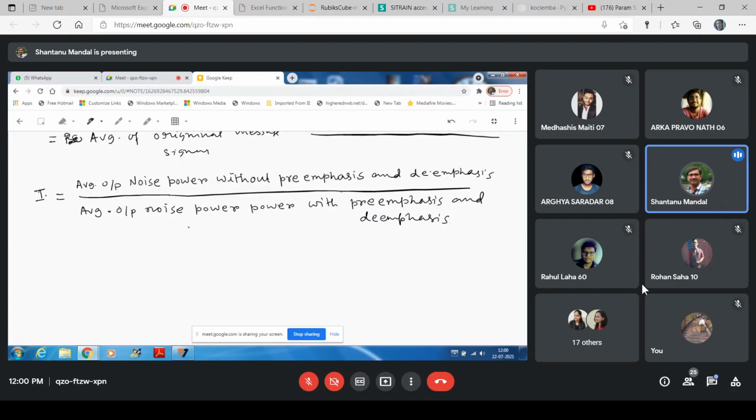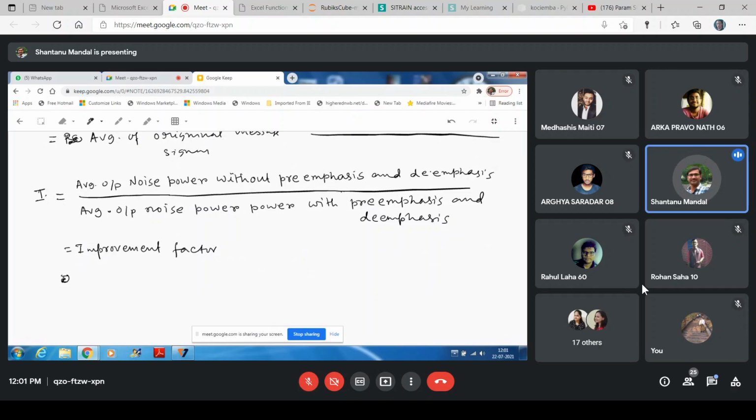So the average noise power without pre-emphasis and with pre-emphasis, you know this ratio is the improvement factor I. So what is the value of I?